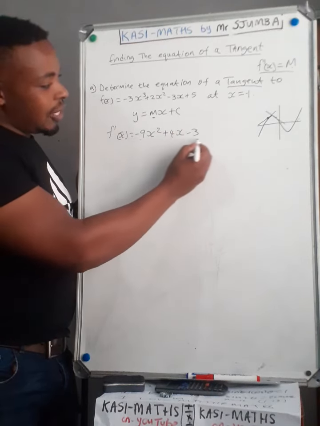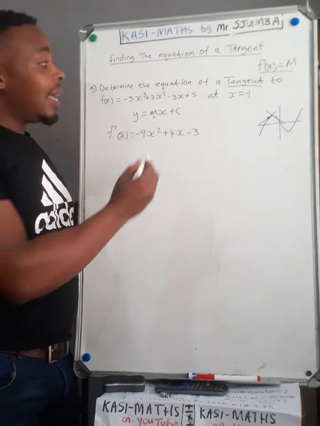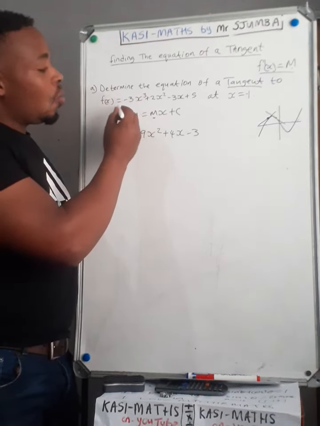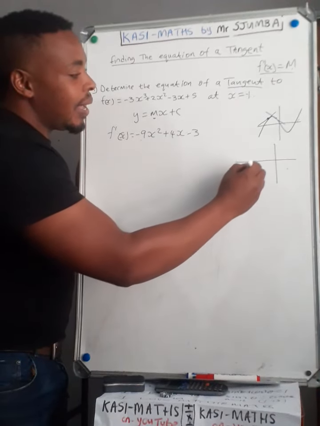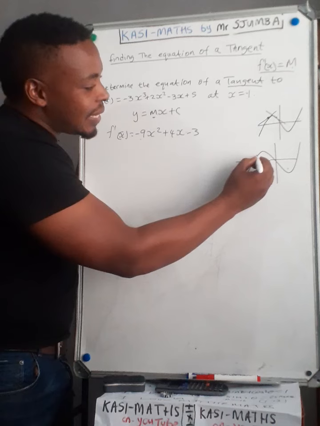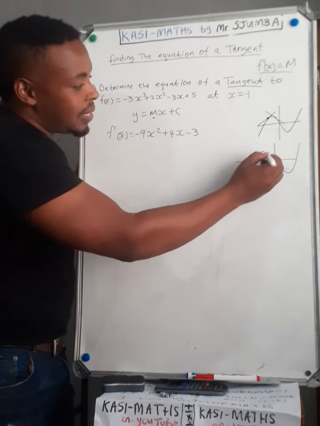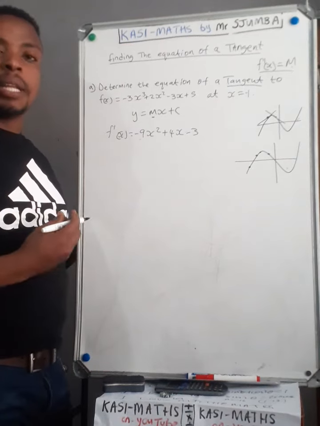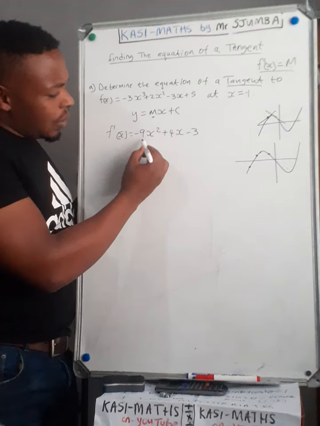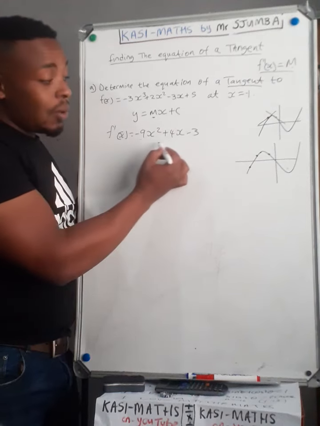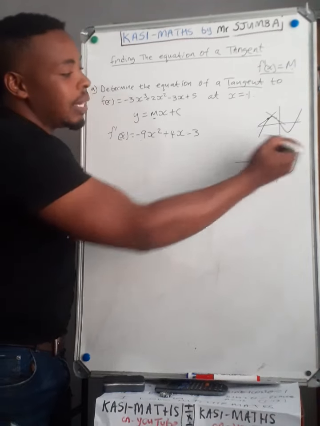So the equation gives the gradient at any point. As we know, if we have a cubic, the gradient is not the same at each and every point. That's why the equation has an x, because it represents the gradient of the whole equation.